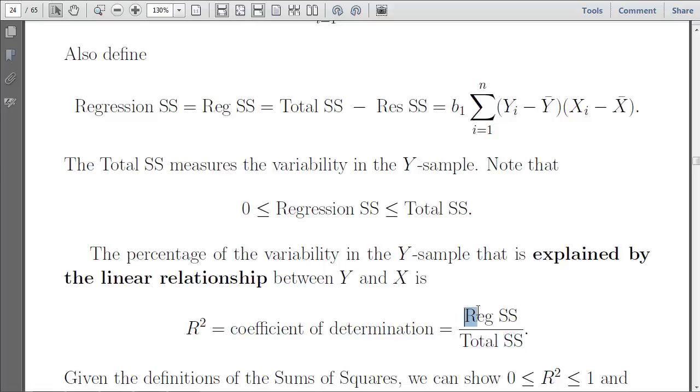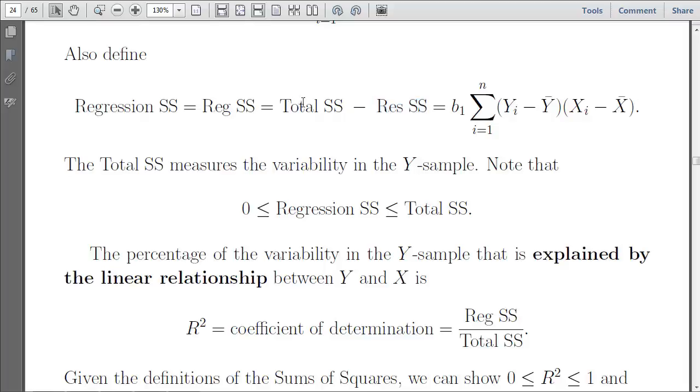The regression sums of squares is the, hold on a second, I need to define regression sums of squares. All right, so it's up here. So total sums of squares is the amount of error when you only use the mean to make prediction. The residual sums of squares is when you use the regression model to make predictions.